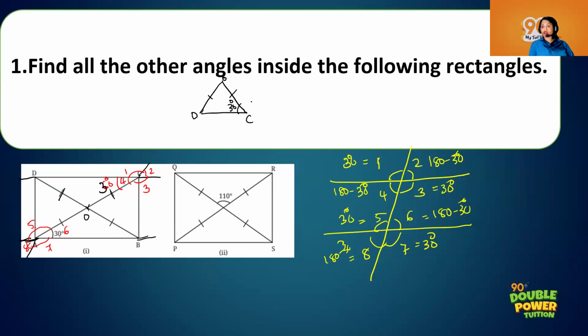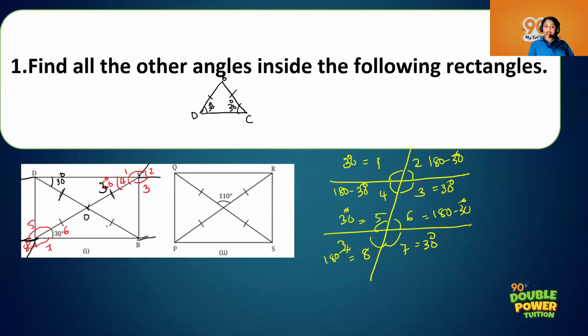What's the property of an isosceles triangle? Two sides are equal, two angles are equal. So since two sides are equal, the corresponding angles will also be equal. So this is also 30 degrees. Any doubt, Gauri?